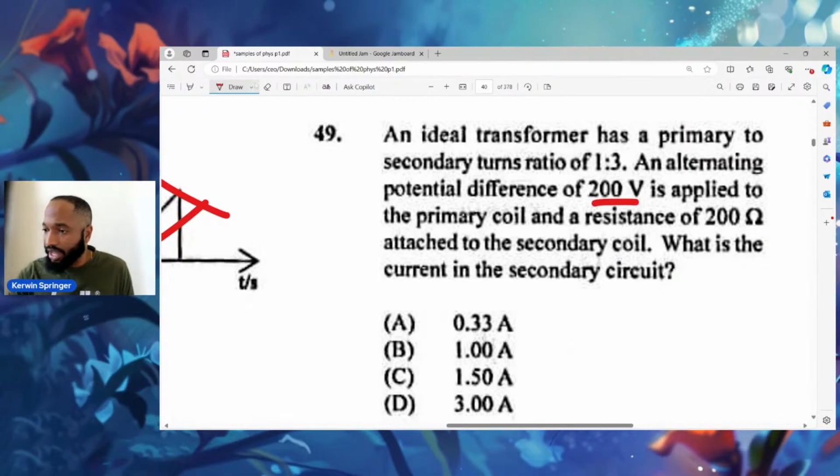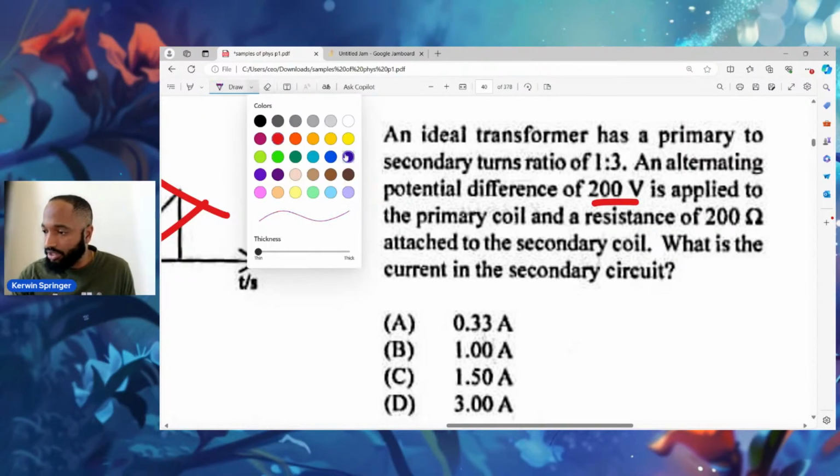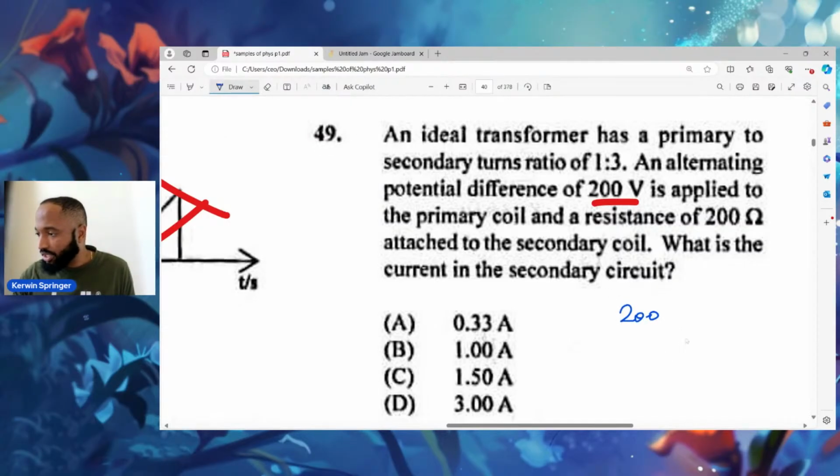On the primary side, do we need to do some calculations for this? Let me prepare for the worst. We have 200 volts on the primary side with a 1:3 ratio, and the resistance is 200. What is the current in the secondary coil?